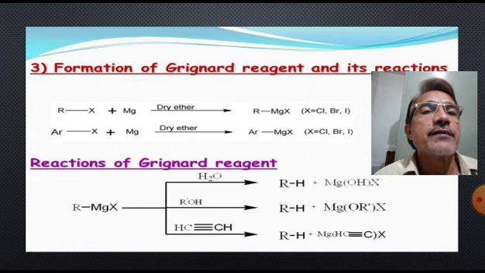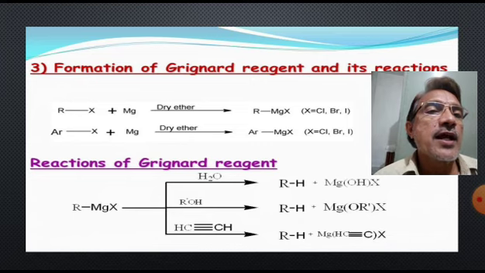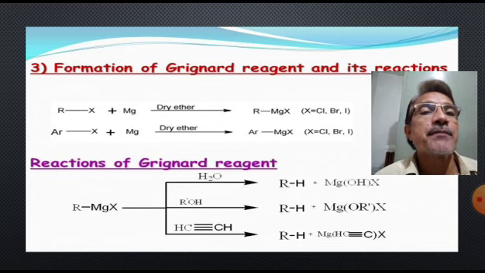When halobenzene is treated with magnesium metal in the presence of dry ether, it gives aryl magnesium halide. By this process, we can prepare different aryl magnesium halides.